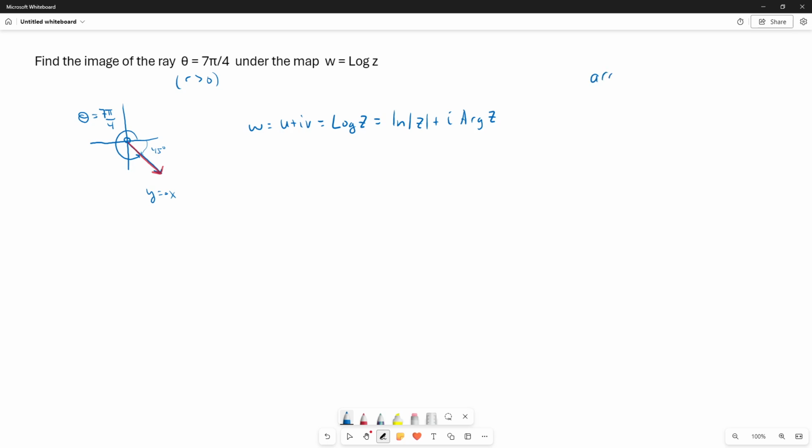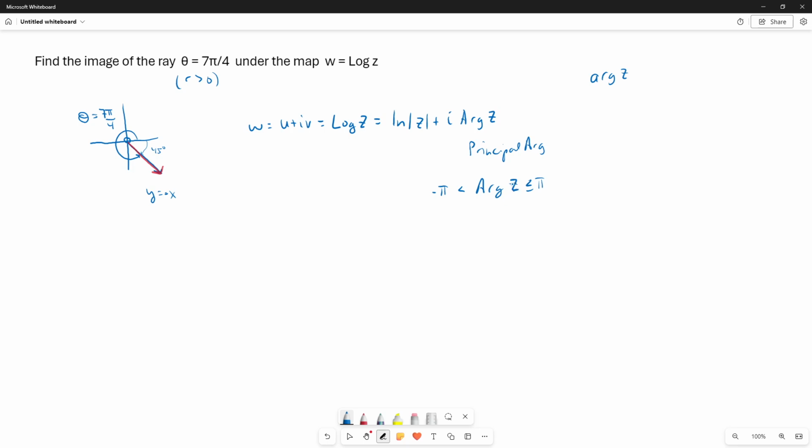In general, the argument of a complex number consists of infinitely many angles. When you write the capital A here, that's the principal argument, and that selects one of the angles. The principal argument is the angle between minus pi and pi, and it could include pi.